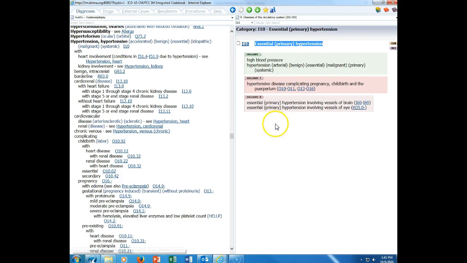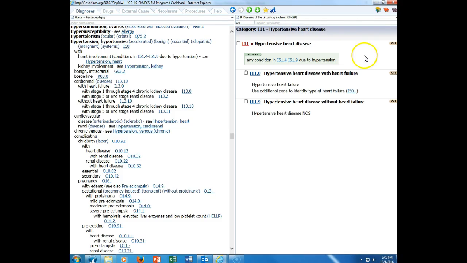Now, there was guidance in a coding clinic earlier this year that basically said that we are to assume a cause and effect with heart disease and hypertension.